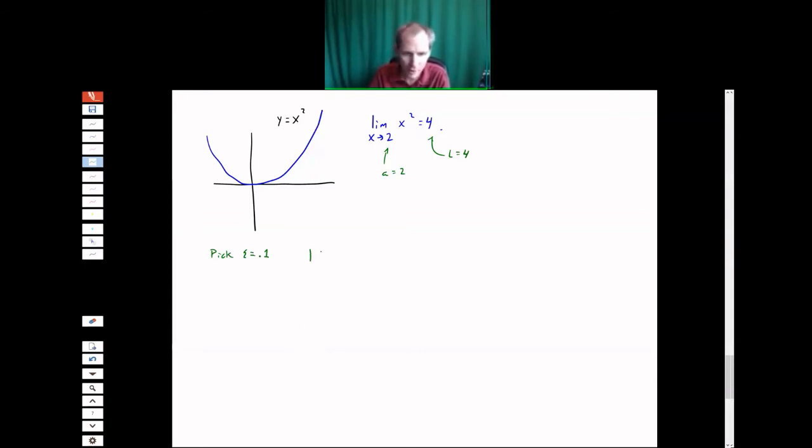So if I look at the statement absolute value of f of x minus L is less than epsilon, I can replace all of these pieces because I know what they are. I know the function f of x is x squared. I know that my L is 4. I know that my epsilon is 0.1. So we're looking at all of the values of x squared that are within 0.1 of the number 4.